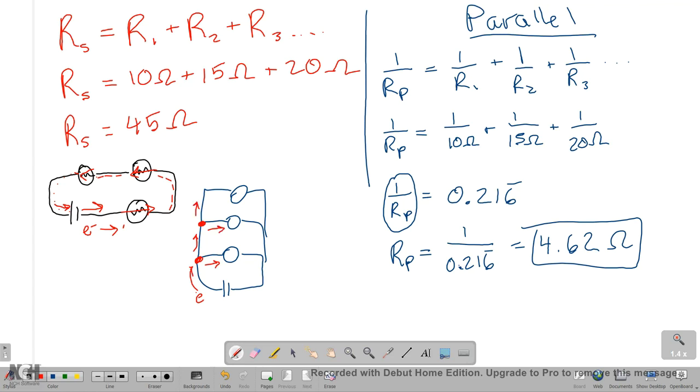The point here is that when the electrons go through a branch, like if they go through this first branch right here, they are only going to travel through this light bulb right here. Okay? They're going to go this way. And then the electrons that go up to this point right here are only going to go through this light bulb, and they will travel back down this way, and then they'll join up down here with the red dots.